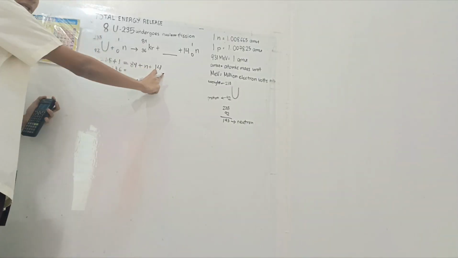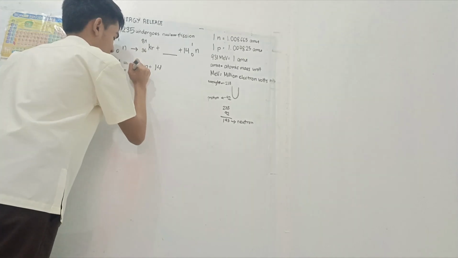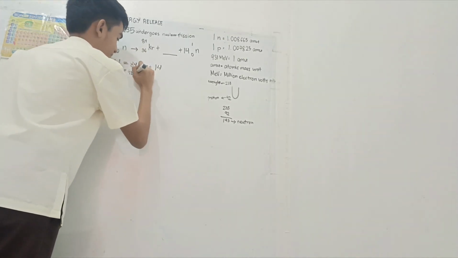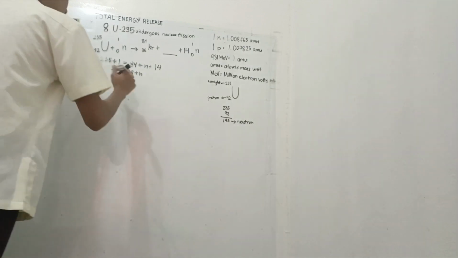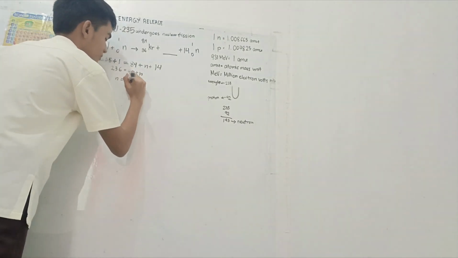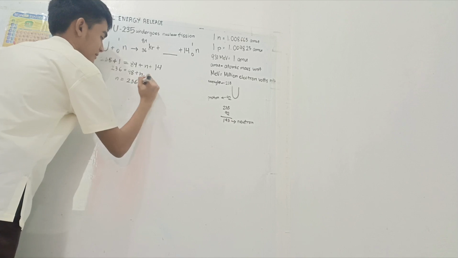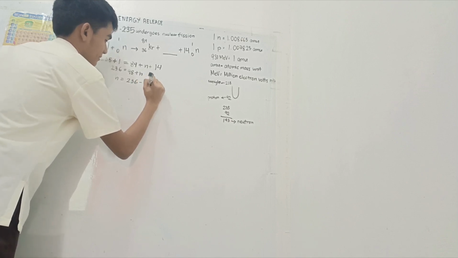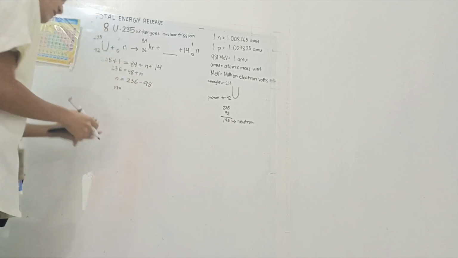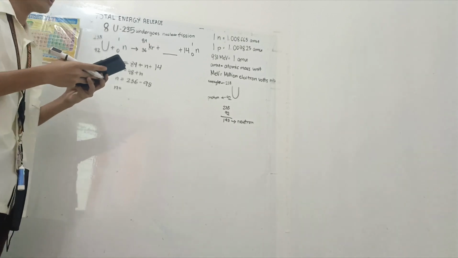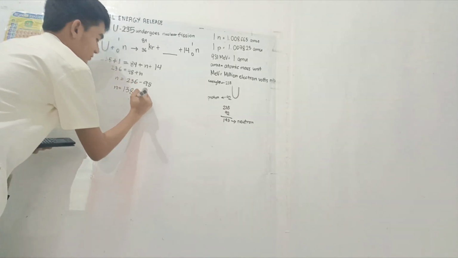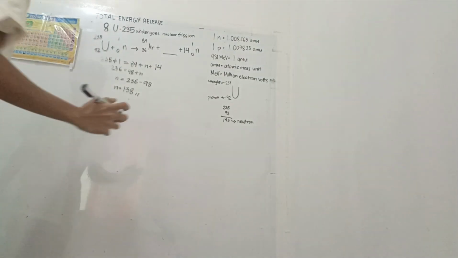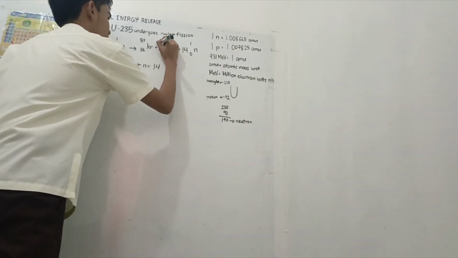Then 84 plus 14 is 98, plus N. So, masasolve na natin siya ngayon by paglilipat-lipat. N is equivalent to 236 minus 98, which is 138. Now we all know na ang atomic weight na nawawalang element is 138.